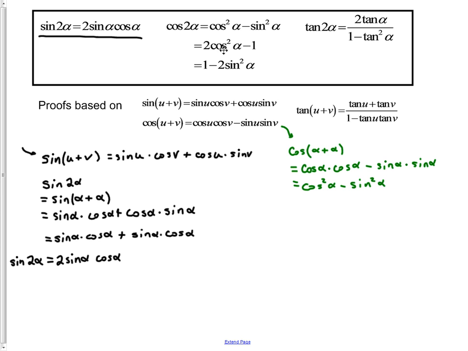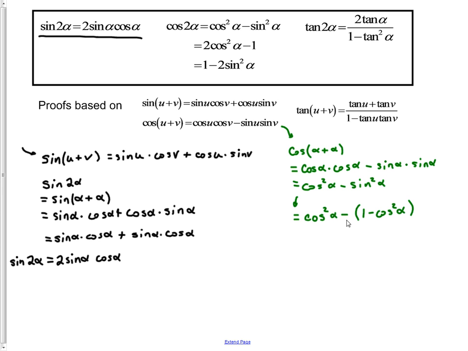How do we get this first one right here? Let's just work that one out. Well, in that case, we can modify this just a little bit by using a Pythagorean identity, simply because we recognize that we have the square of one of these trigonometric functions, and sine squared alpha is the same thing as 1 minus the square of the cosine of alpha.